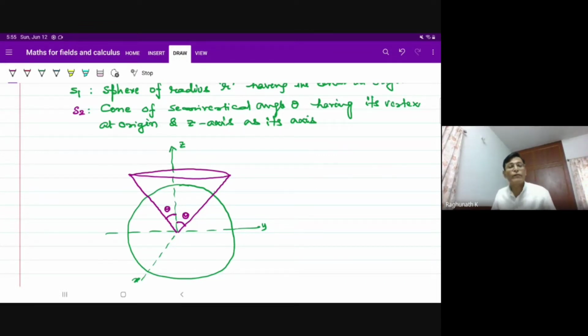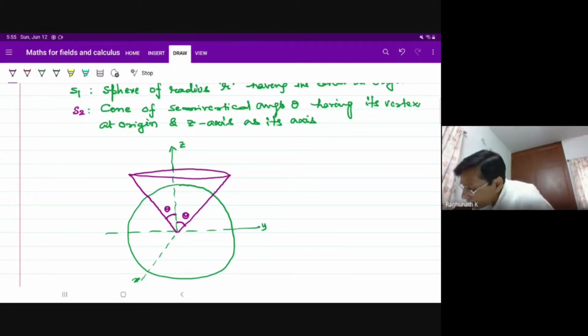And before actually telling the other thing, the point lies, let us say, on the sphere of radius r and the cone of semi-vertical angle theta.